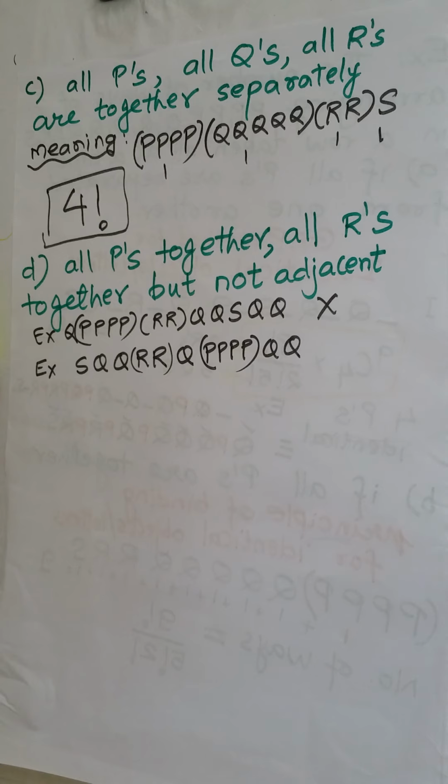So cross, no. In the second example, R, there is a gap in between, Q is also there. After that 4 P's are there. So is this what this question is asking? Answer is yes. So how do we get such arrangements in which all P's are together, R's together, but not side by side in any arrangement, or not adjacent? What will we use?